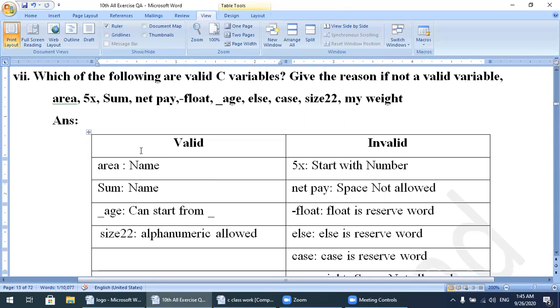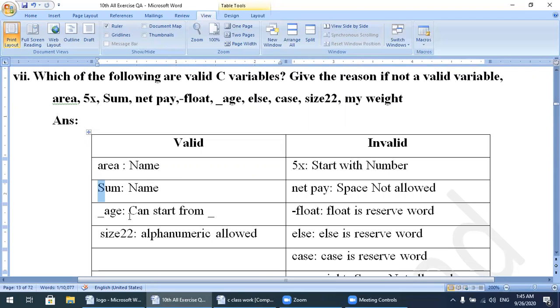Watch here, the characters are AREA, area, and its starting character is A. That's why it is correct. Next is sum. Sum is also a valid variable. Why is this one valid? Because it also starts with an alphabet.